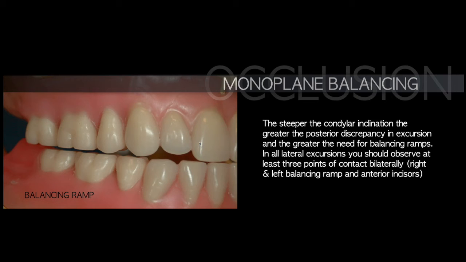In all lateral excursions, you should observe at least 3 points of contact bilaterally: right and left balancing ramps and the anterior incisors. To achieve bilateral balancing occlusion in monoplane, we make a balancing ramp, shown right here distal to the second molar, where you can see a large wax bump.